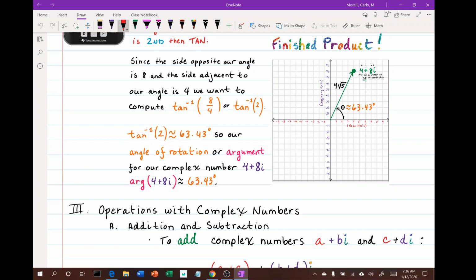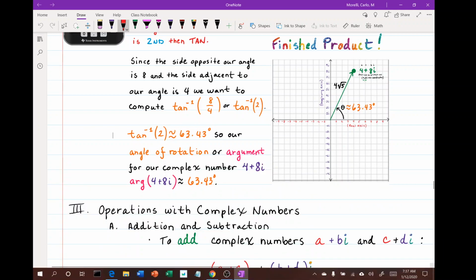And its argument, or its angle of rotation, from the real axis up into that area in between the imaginary axis and the real axis, that's the complex plane. The angle of rotation there is 63.43 degrees. So we can find this angle for any complex number. We can also find its magnitude, so its modulus.